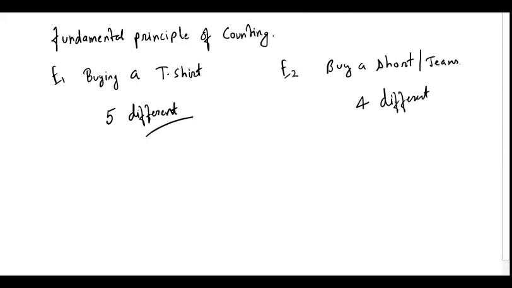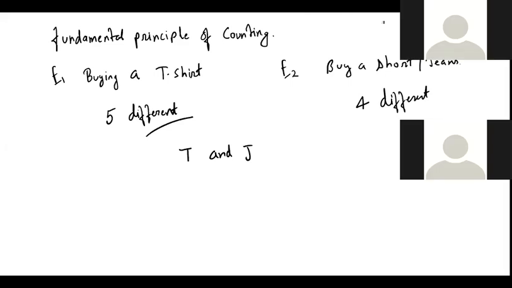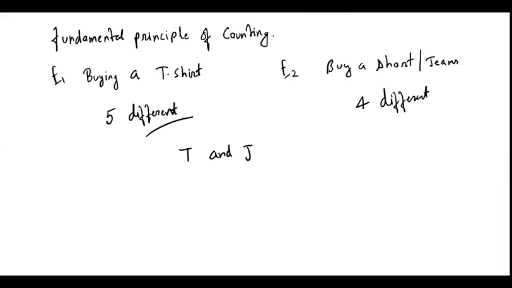Now my question would be, if you have to buy a t-shirt and jeans, how many options do we have? Think about it and let me know. You have to buy one t-shirt and one jeans. So how many options do we have?